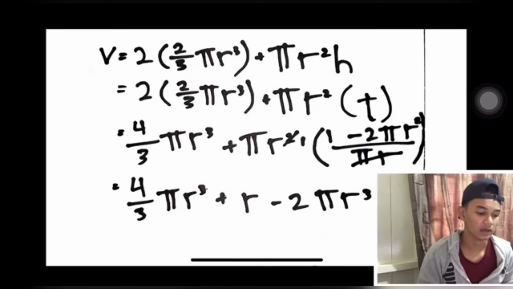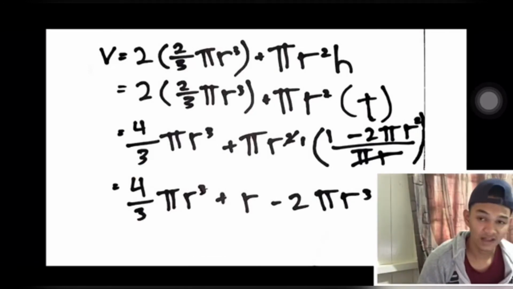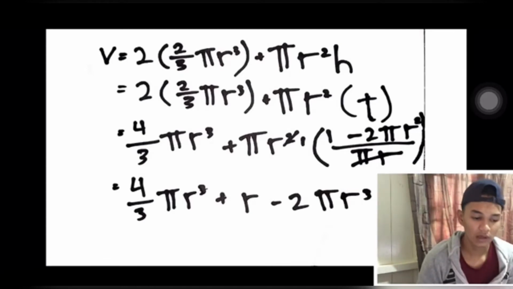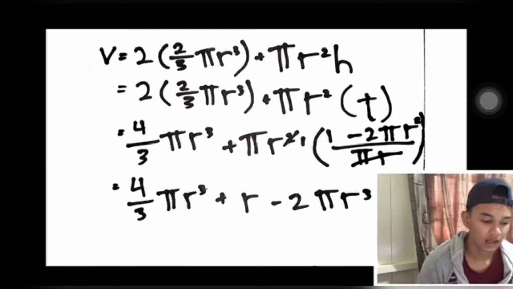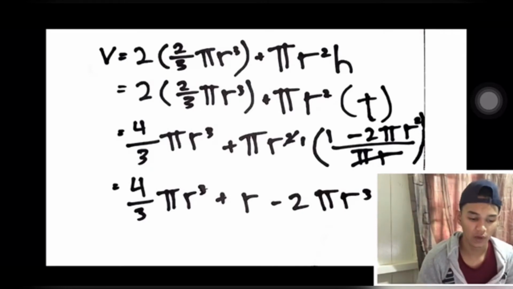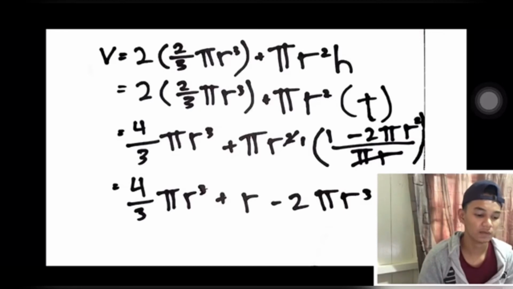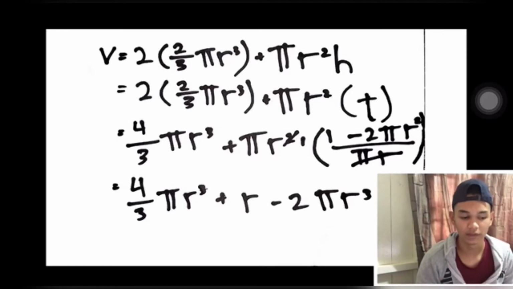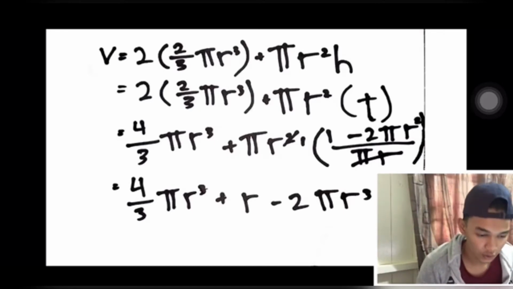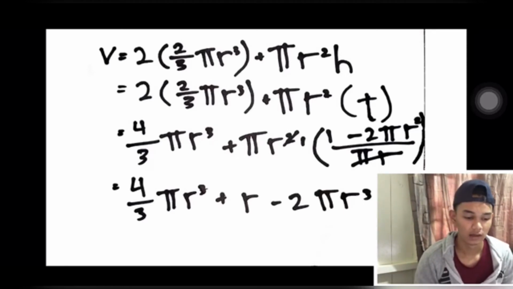Okay, then to find the volume of a capsule, V equal to 2/3 pi r cubed plus pi r squared h. So we change h to t, so it will be 2/3 pi r cubed plus pi r squared times t.